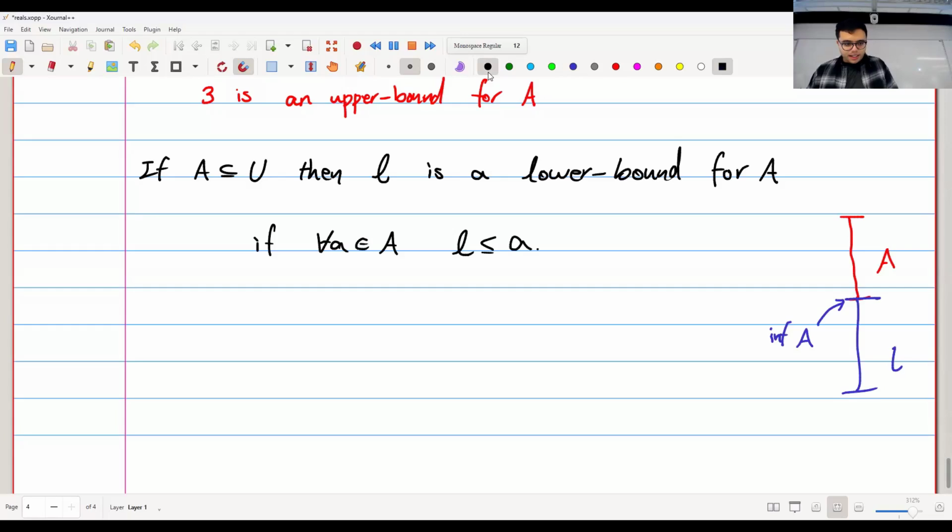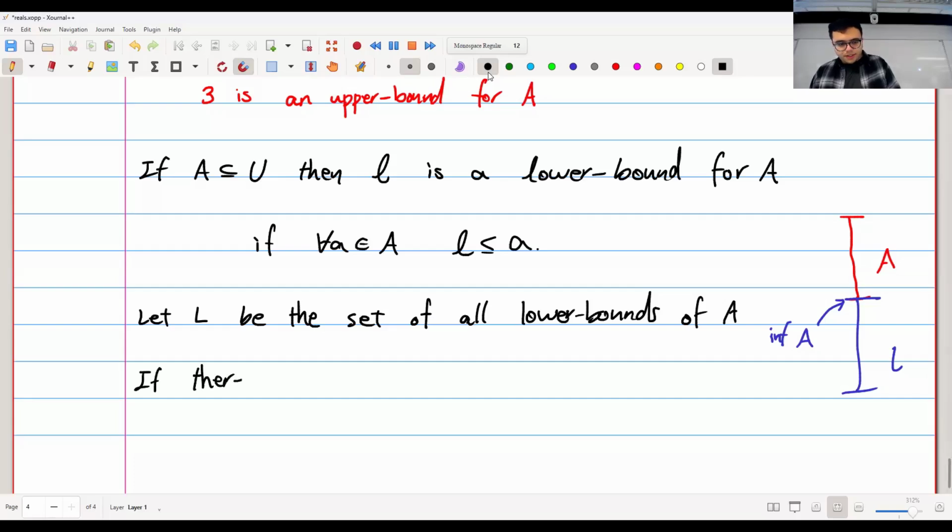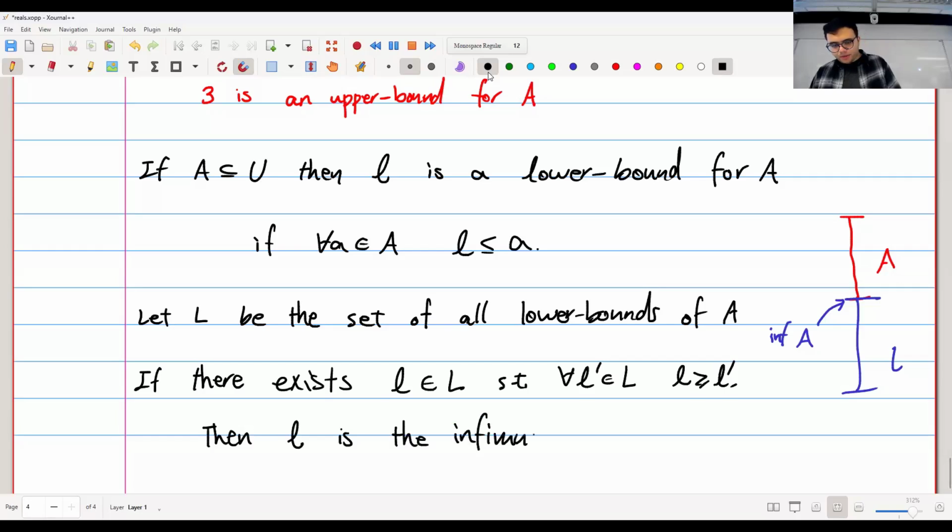Okay. So I can say let L be the set of all lower bounds of A. If this set L has a maximum, if there exists some number L in L such that for every other L prime in L, L is bigger than L prime, then L is the infimum of A. So basically I have supremum, which is the smallest upper bound, and I have infimum, which is the largest lower bound.